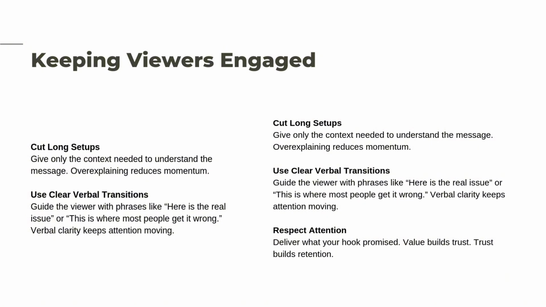So one of the things that people do is that they'll put out a hook. Oh, here's how to earn 2 million in 2 days. I mean, that can also be a form of attention hook, but what we mean by deliver what your hook promised is that if your hook promises, for example, people say, watch this video to the end, I have a gift for you, ensure that you actually do.